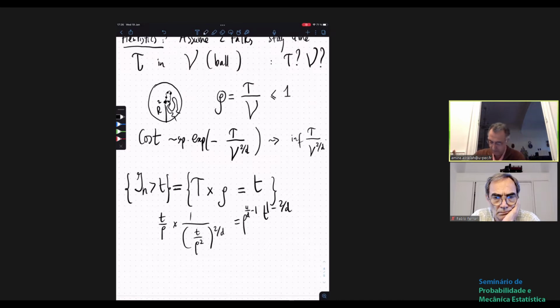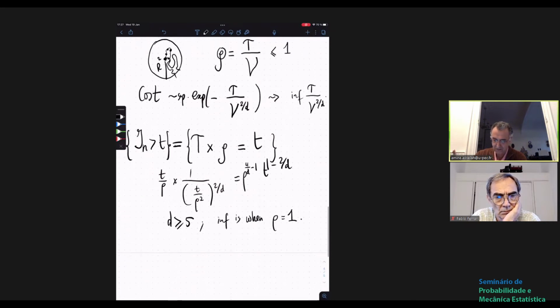And the parameter you can play with is rho. And what you are assuming is d bigger or equal to 5. So in this case, this is less than 1, and the infimum is reached when rho is largest, let's say is 1.